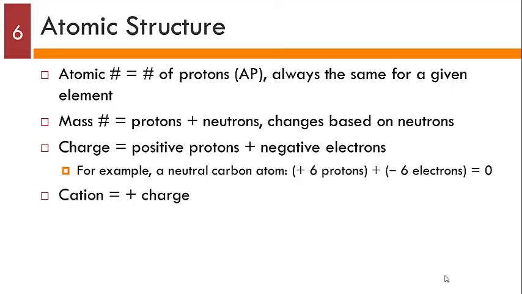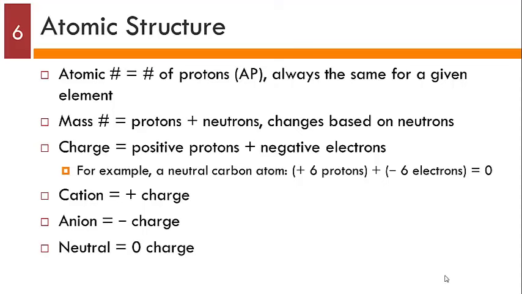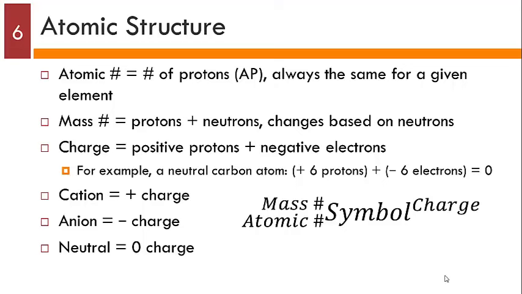Cation has a positive charge, anion is a negative charge, and a neutral atom has no charge. So whenever we write the symbol, we put the abbreviation from the table of elements. The mass number is on top, the atomic number is on bottom, and we also write the charge.